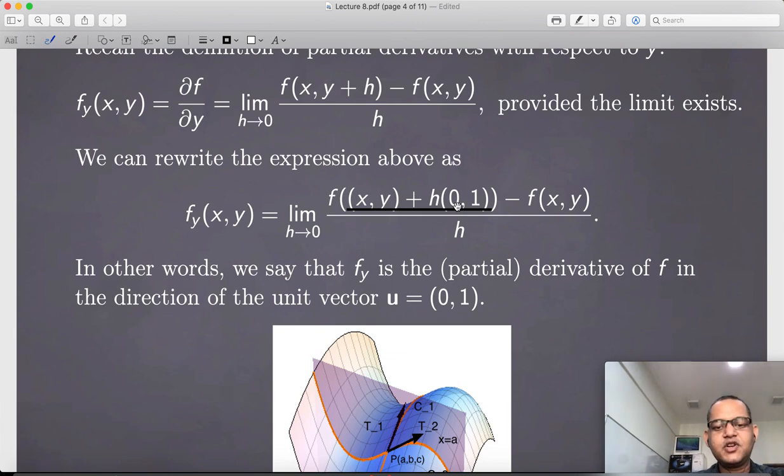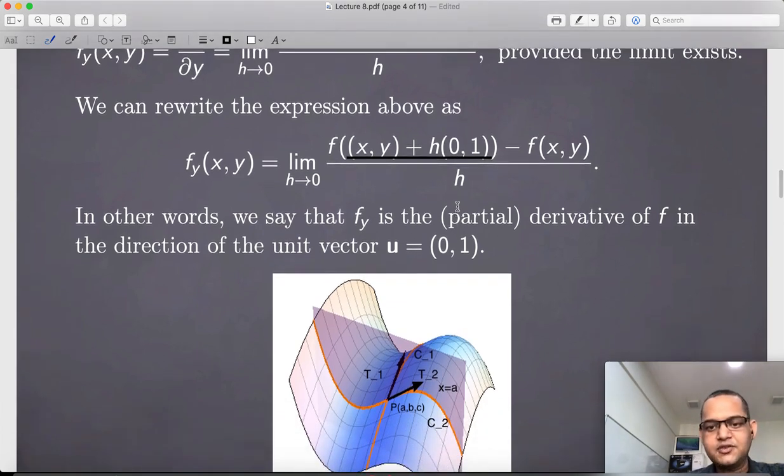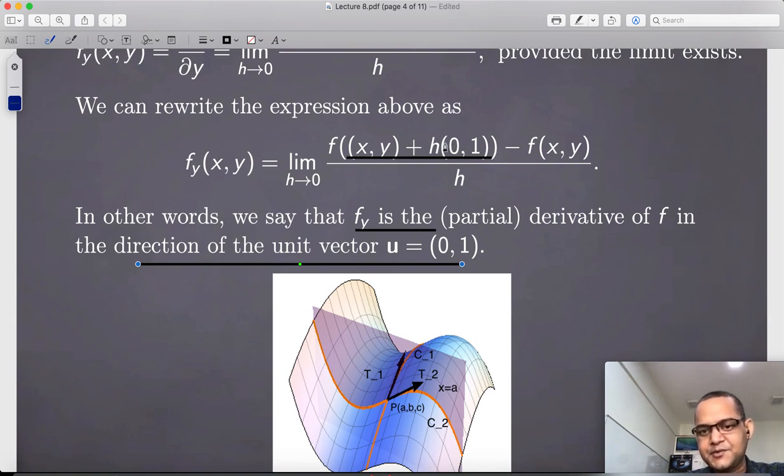This is what we are going to do, and it gives rise to the notion of directional derivatives in general. So fy is nothing but the partial derivative of f in the direction of the unit vector (0, 1). Here it is a unit vector because if I take any other vector in the same direction, I can absorb the constant with h and consider the unit vector instead. That is why you always use the unit vector when computing the directional derivative.